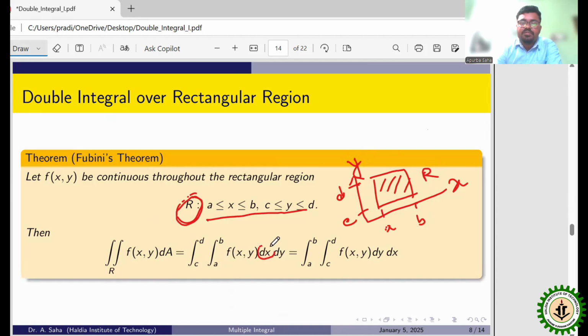Here we put dx first, so put here the limit of x from A to B, and this is the limit of y, C to D. And if we write dy dx, then first we'll write the limit of y, that is C to D, and the limit of x, that is A to B.